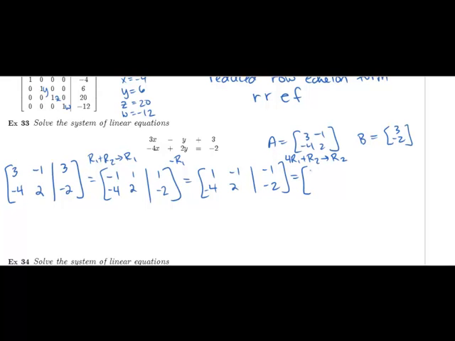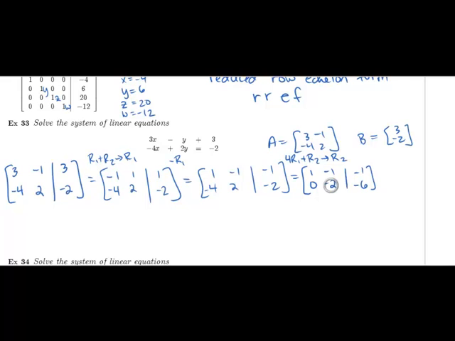Our first row is not going to change, we'll just write it down. Our second row, -4 plus 4 is going to be 0. 2 plus -4 is going to be -2, and -2 minus 4 is going to be -6. So we've got our 1 and our 0 here.